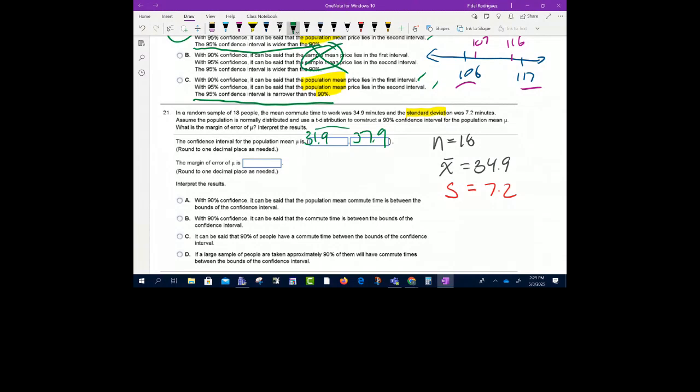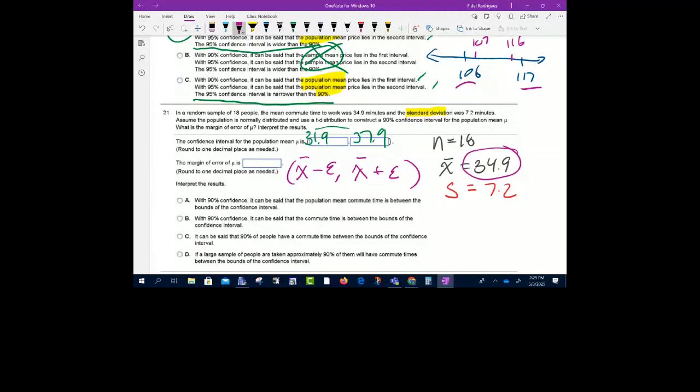Okay, now they want us to find the margin of error. So y'all, if we're looking for the margin of error, to give you an idea visually what is going on when we do our confidence interval here, the way we're finding those numbers is X bar minus the error, and this is X bar plus the error, right? We already know what our X bar is, y'all. It is 34.9.